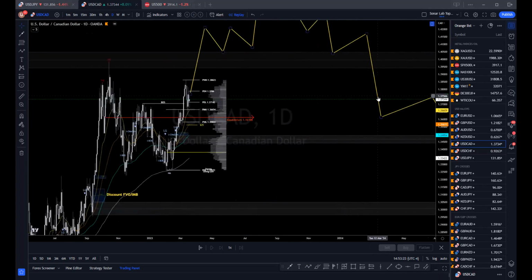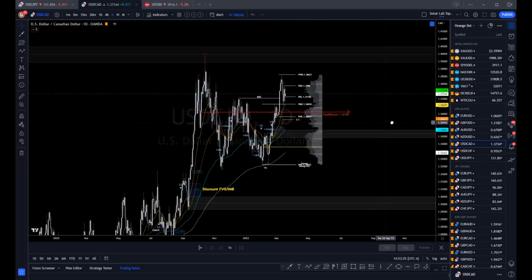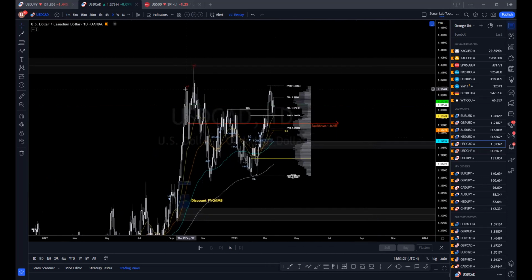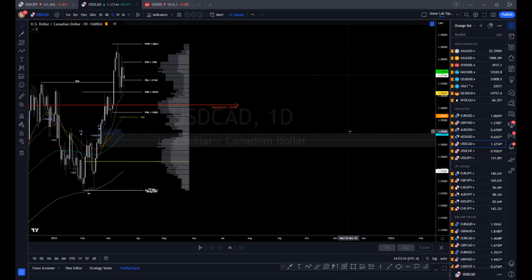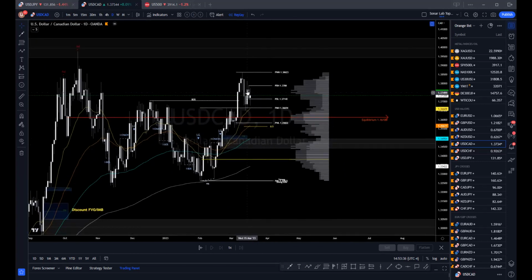Okay. Now, let me go ahead and mark this up. Knowing that we have not been able to take this high, I would say we could potentially see more of a pullback, right? This is going to be very key from a daily perspective, from a market structure standpoint.